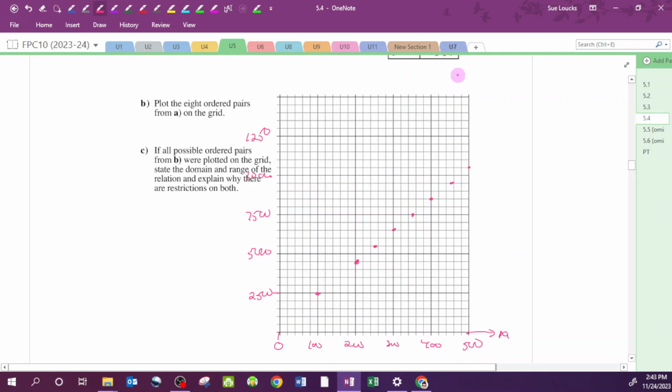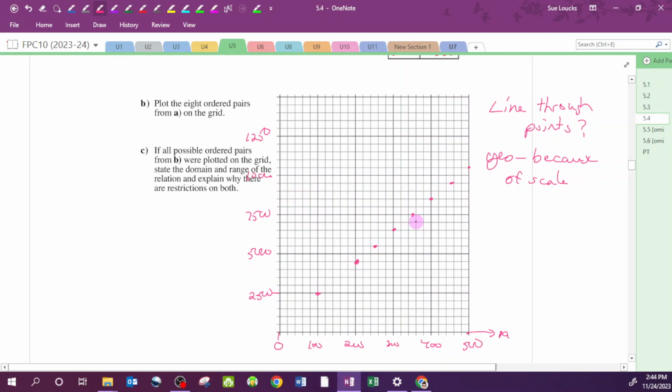First thing I'm going to ask is, do we draw a line through the points? The answer is yes, because of the scale of the graph. The bottom axis is the number of people, so my domain is not every number from 100 to 500.